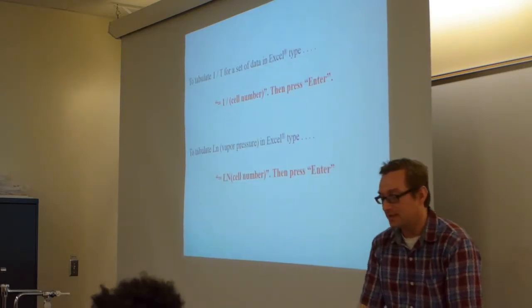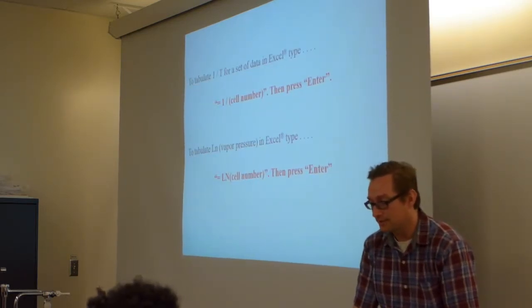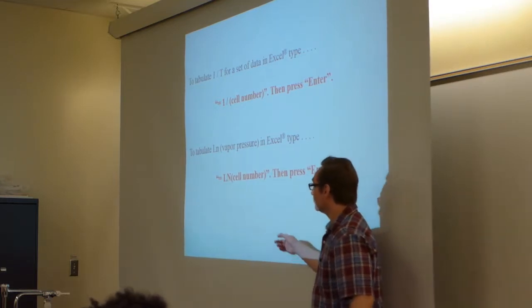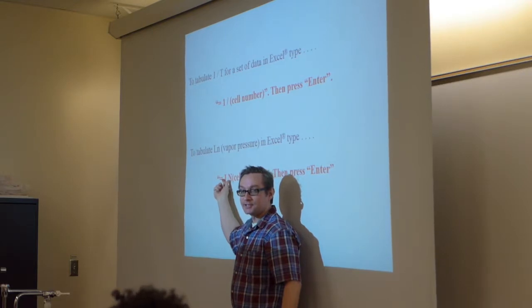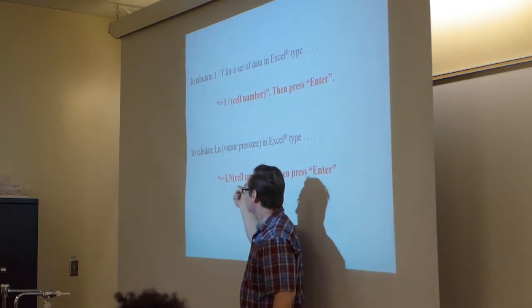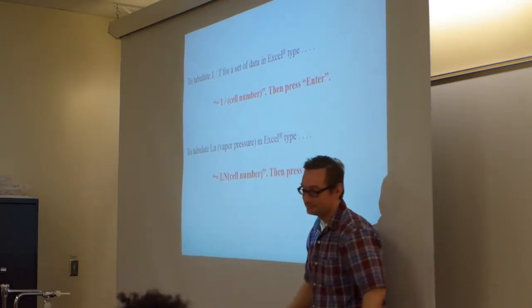And then for the vapor pressure, you would type in equals, and then ln for natural log. So this is how Excel does natural logs. So equals ln, click on the cell number, press enter.